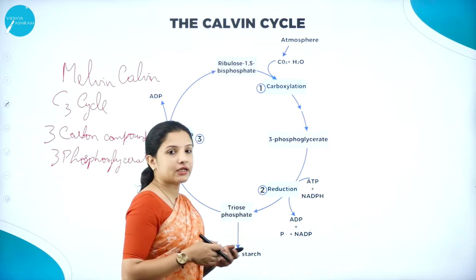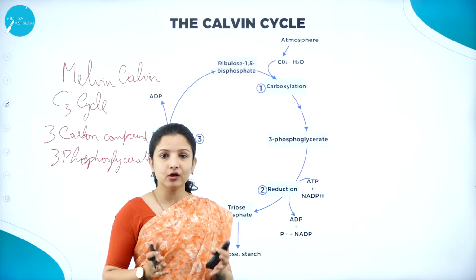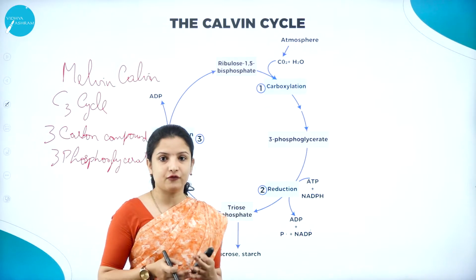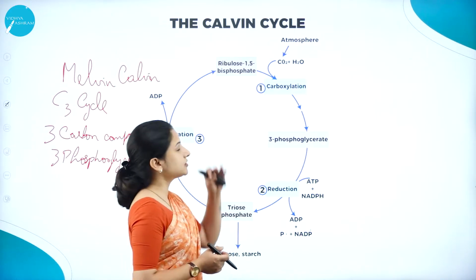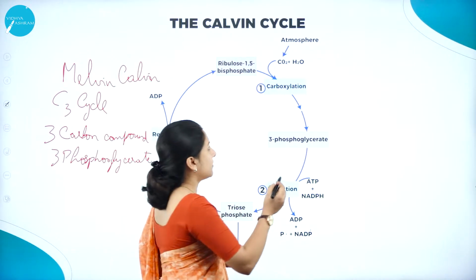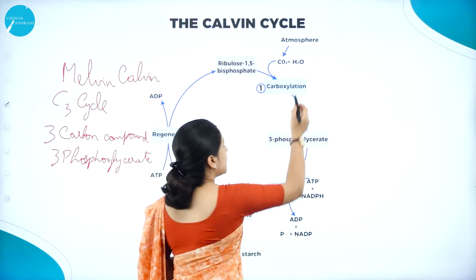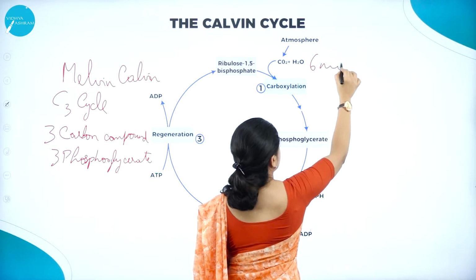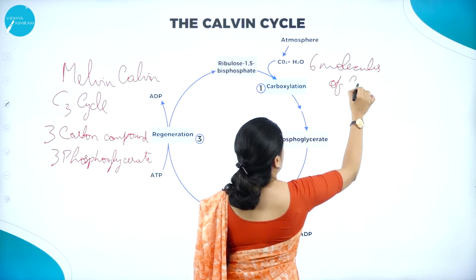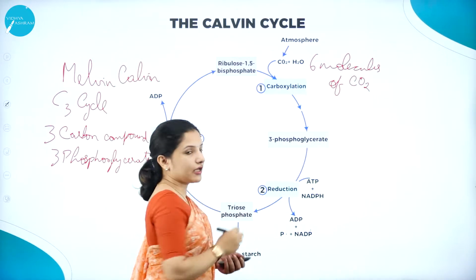Carbon dioxide, along with water, is one of the raw materials very important for photosynthesis. So 6 molecules of carbon dioxide will be taken in.